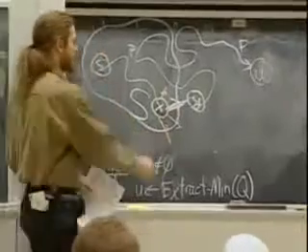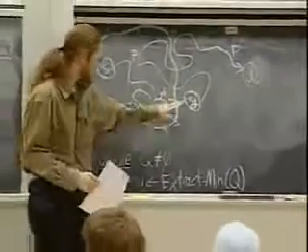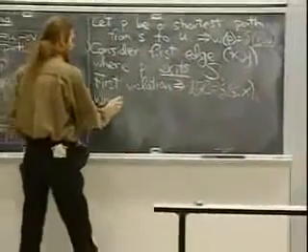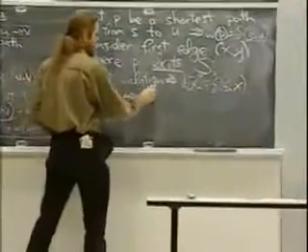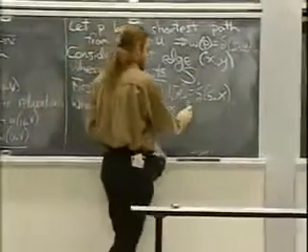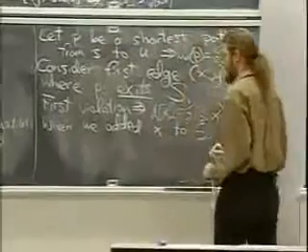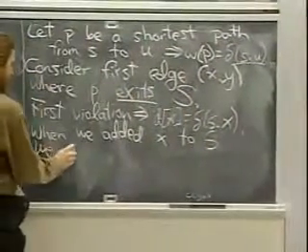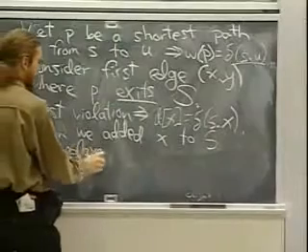Whatever they were, some of them went into S, some of them went out. Here's one of them. So when we added x to S, we relaxed the edge xy.